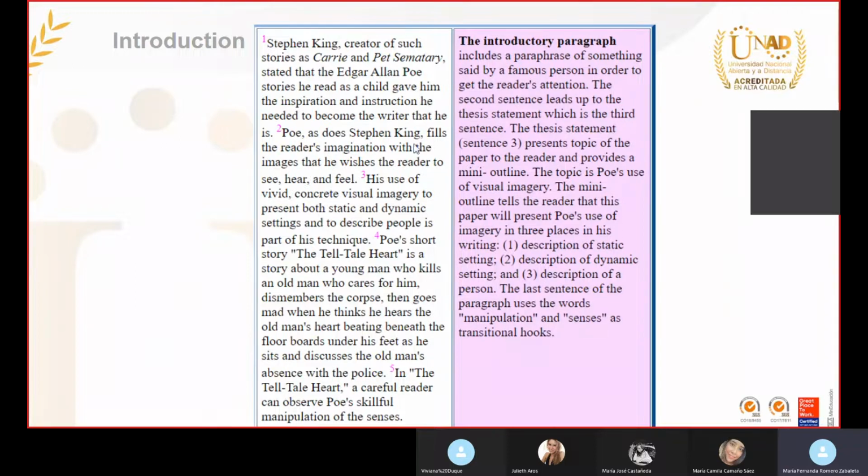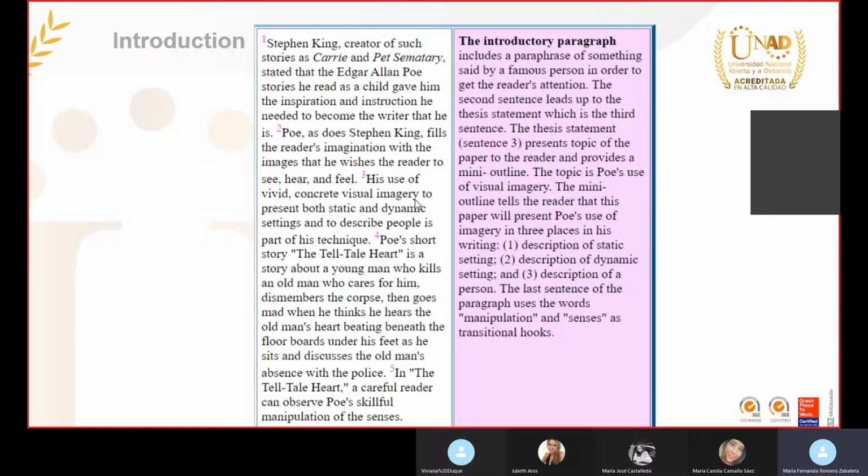The second sentence that we saw here is leading up to the thesis statement, which is the third sentence. His use of vivid, concrete visual imagery to present both static and dynamic settings and to describe people is part of his technique.